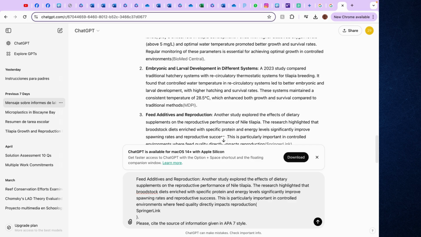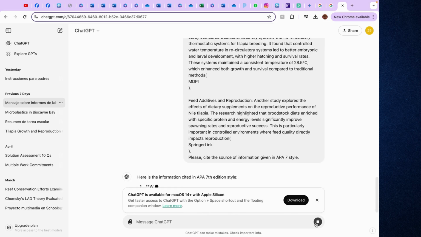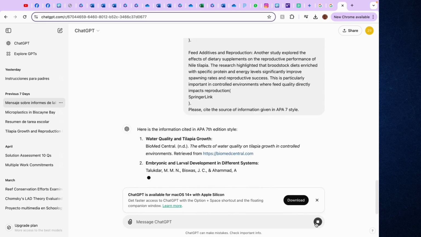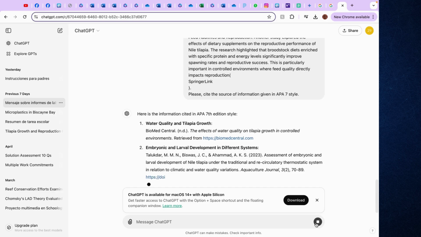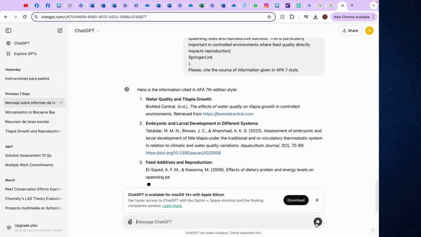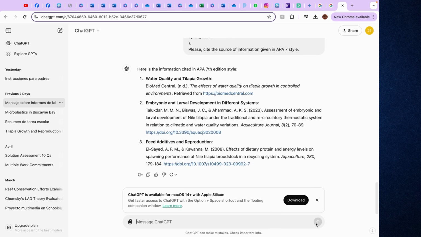APA is American Psychological Association style, which is the style that we use in science. And I'm going to press enter. You see that?